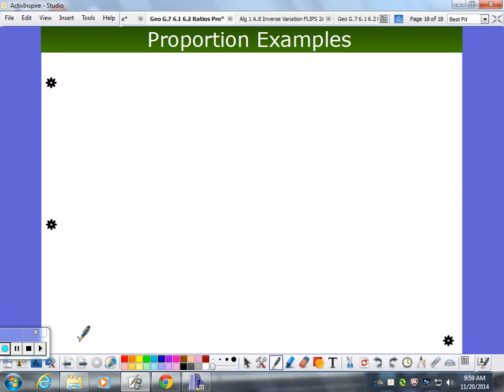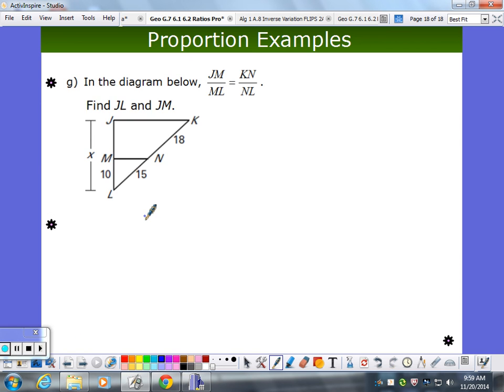Okay, a couple of other examples here. This is the bottom of page 2. In the diagram, you've got this proportion, these are lengths now: the length of JM to the length of ML equals the length of KN to the length of ML. So let's see what I got. Again, for JM I have to make a calculation in terms of x. So what would JM be? If you're having trouble with these, put a number here.